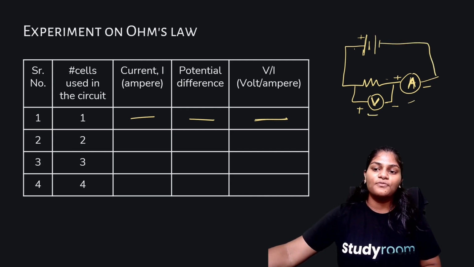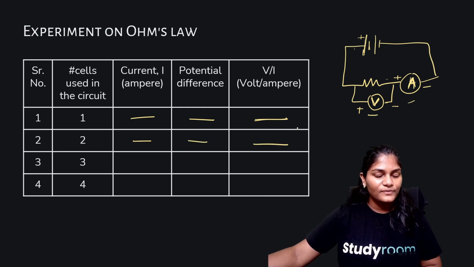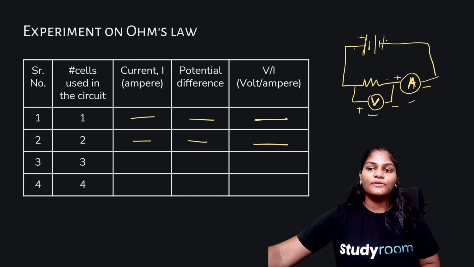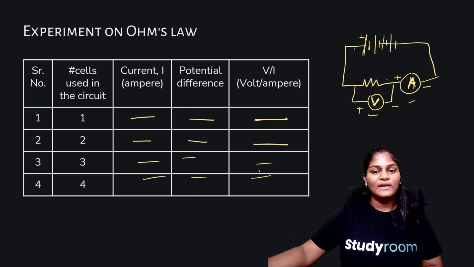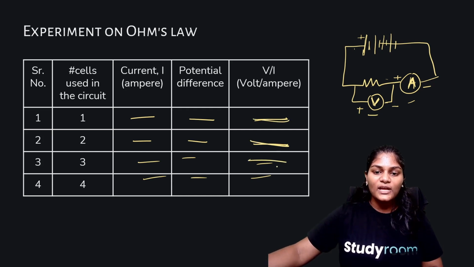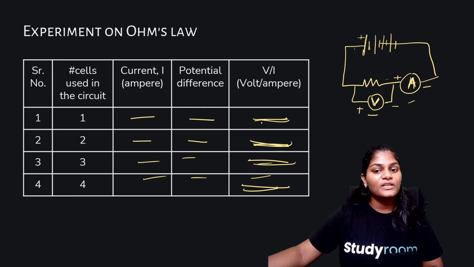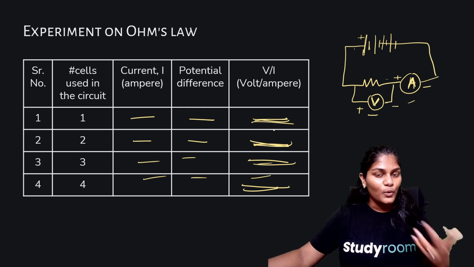Again, I take the reading of V and the reading of I and write it down here. Again, I calculate V by I. Similarly, I keep doing it for 3 cells, 4 cells and so on, and I write the corresponding values. So, you will notice here that this V by I quantity that you are getting in every single case would almost be the same. Okay.